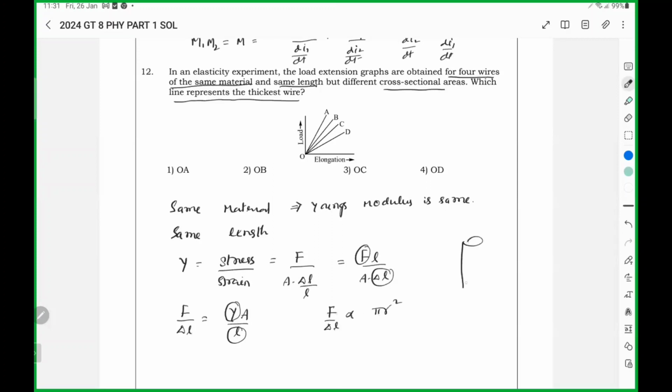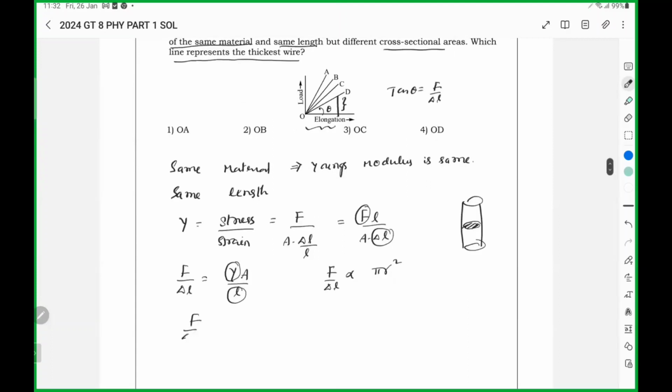The wire is cylindrical in shape, cross-section is a circle. That means here, suppose for wire D, tan theta will be F by delta L, along y-axis force, along x-axis elongation. So in this way, F by delta L is k times pi r square. Whichever has more F by delta L value, that wire's radius will be more.